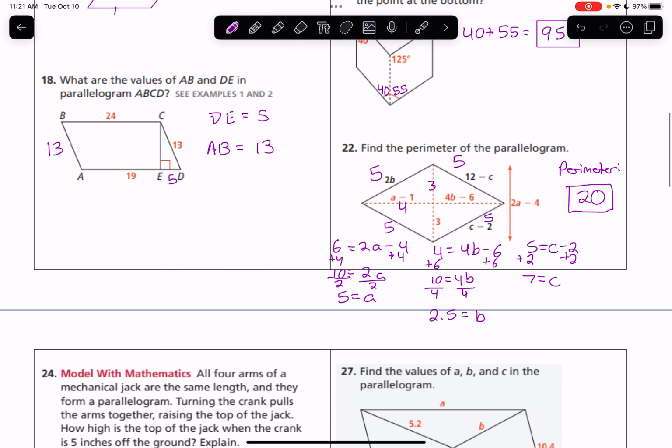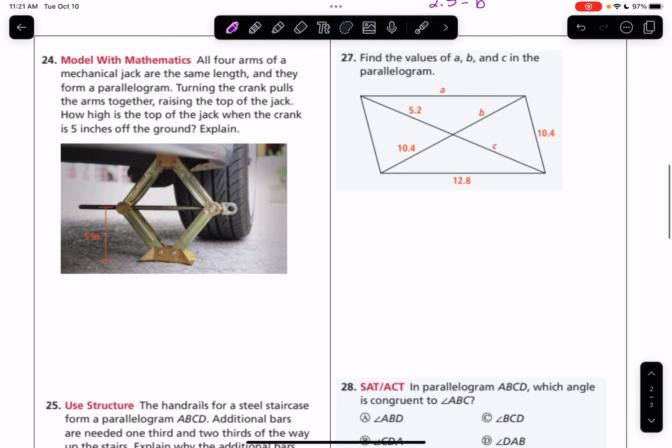Number 24. All 4 arms of a mechanical jack are the same length, and they form a parallelogram. Turning the crank pulls the arms together, raising the top of the jack. How high is the top of the jack when the crank is 5 inches off the ground? And explain. Well, this is easy, because we know that the diagonals of a parallelogram bisect each other.